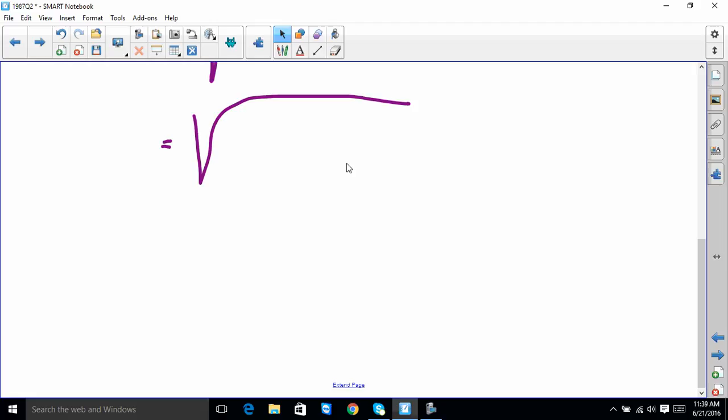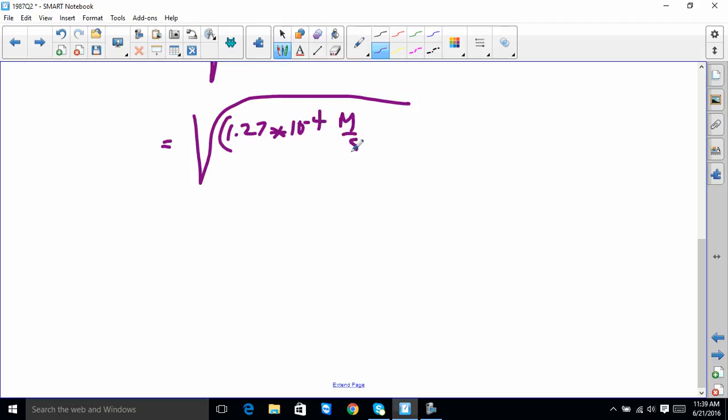And so what happens is the rate was, pen please, 1.27 times 10 to the negative fourth molarity per second, because that was the rate for experiment 4.